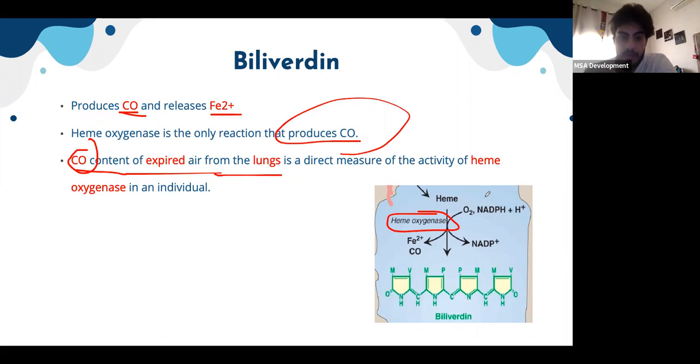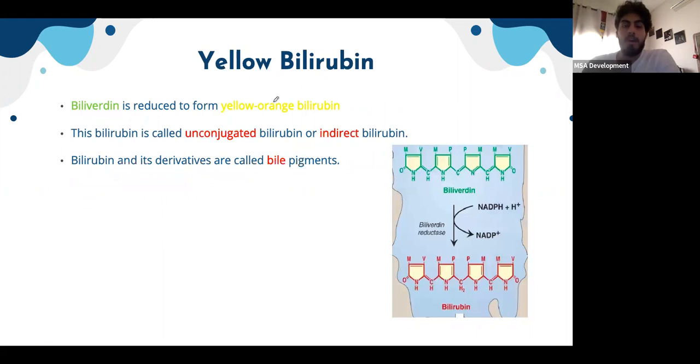Okay, right. Now for the yellow bilirubin, so basically it just says that biliverdin is reduced to form yellow-orange bilirubin. And then this bilirubin here is the bilirubin that's unconjugated and indirect. Okay.